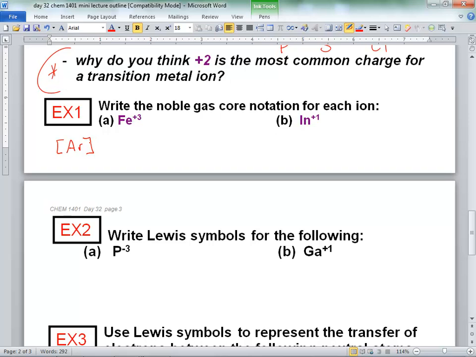So it's plus 3 though, so the technical jargon is, you are writing the electronic configuration of, iron plus 3 is isoelectronic with vanadium. So you are really writing the electron configuration of vanadium. All right?